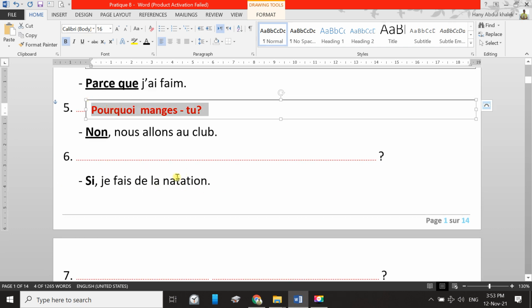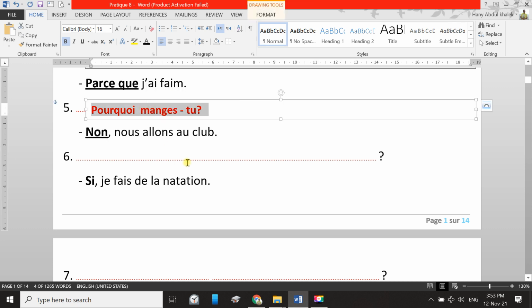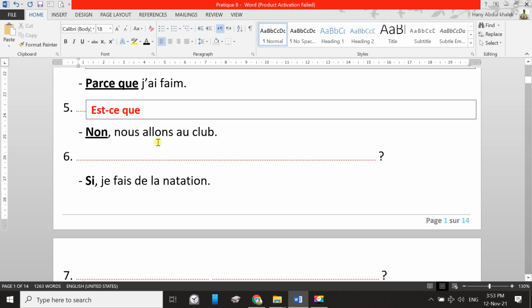Okay, here, non, nous allons au club. Here, it's a yes and no question. If we have something like that, we use the form of est-ce que. Est-ce que means do or does or did, like we say in Arabic, هل. So here we use est-ce que vous allez. Pay attention here, we said the opposite. No, nous allons au club.